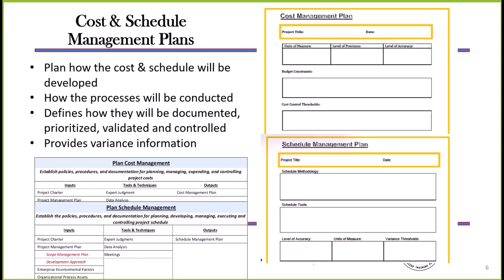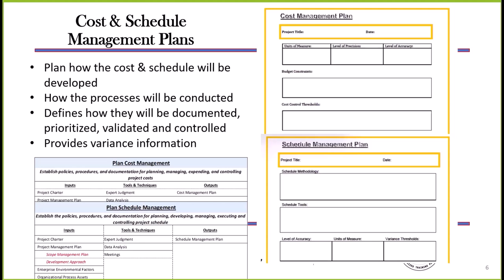We develop these early in the project, and they really tell us how to execute the cost and schedule, how to plan for them. And it tells us basically how we will control schedule, how we'll control scope, and how we will actually develop them. And it defines how they will be documented, how they'll be prioritized, validated, and controlled.